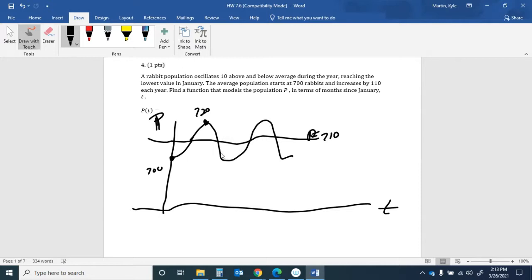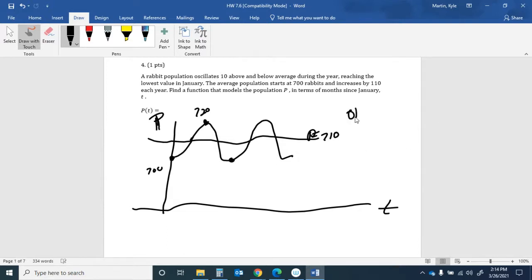Maybe hunting season for rabbits is in October, November. So that means my period would be 12 months, because our time units are months here. We're starting in January, we're ending again in January, so it completes one cycle in one calendar year.